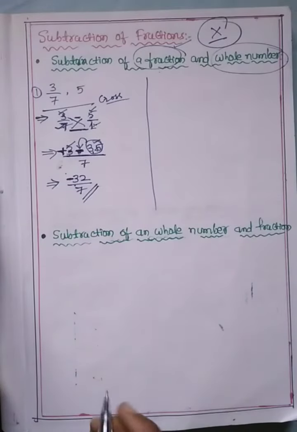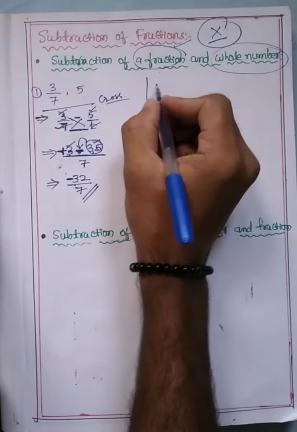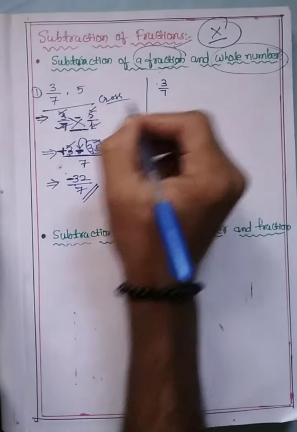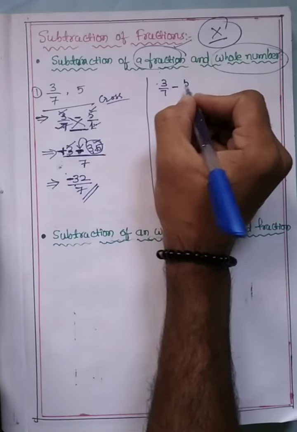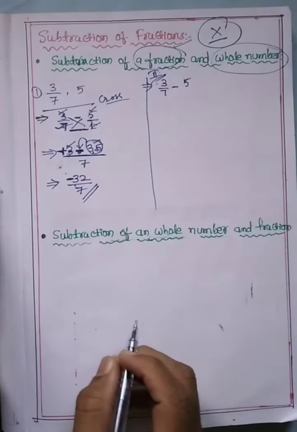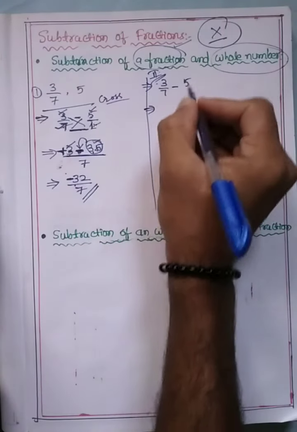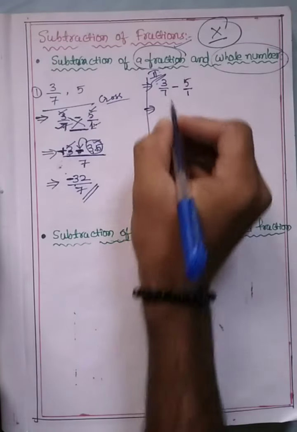Next, the second method. What is the second method? Take the LCM. Write the same 3 by 7 minus 5. This is method 2. Just observe here. In this case, if there is no denominator, what can you do? You can take 1.